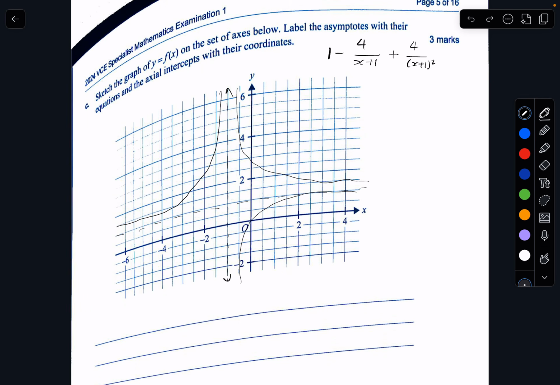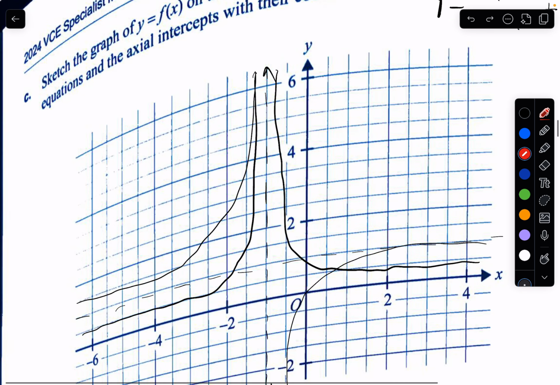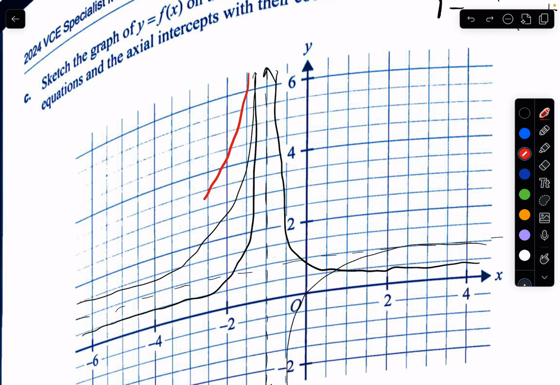Oh, but it would be making it with the 0 actually, because the asymptote would be 0. Okay. So what's going to happen here is this is going to be the asymptote, and you're basically adding the truncus to it. So I'll just do it in red. You're going to have something like this.